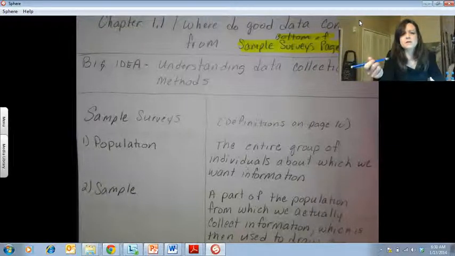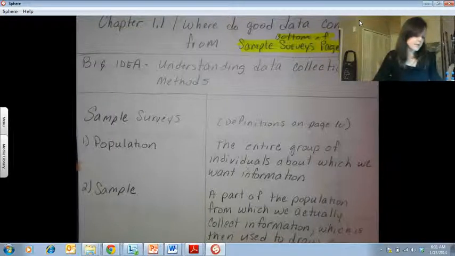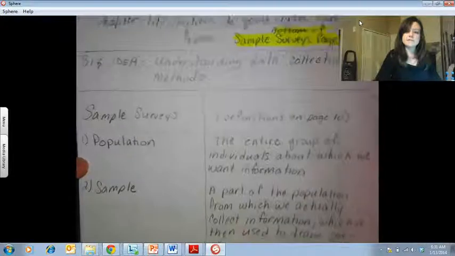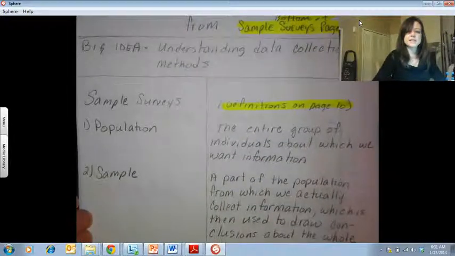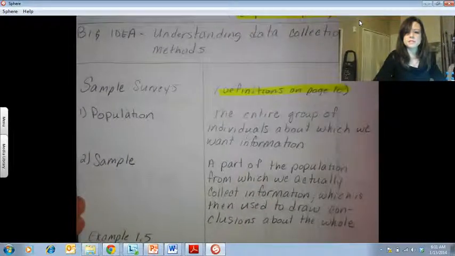If you, so far through stats, have realized that if you use your common sense when you are looking at words, even if you haven't studied as much as you should have, you might be able to figure out what's happening. So sample surveys, number one, the population. This definition is on page 10, right here. The population, or the entire group of individuals about which we want information.